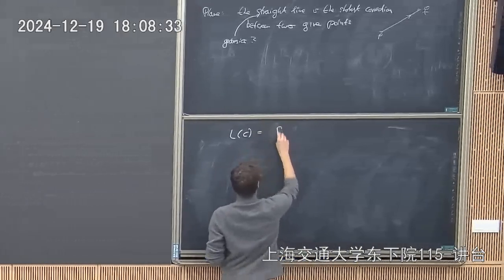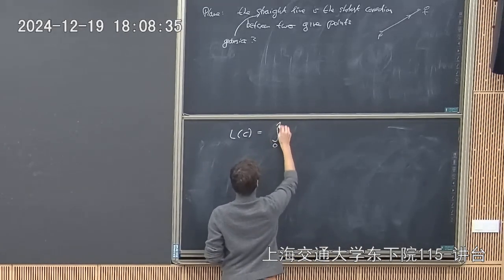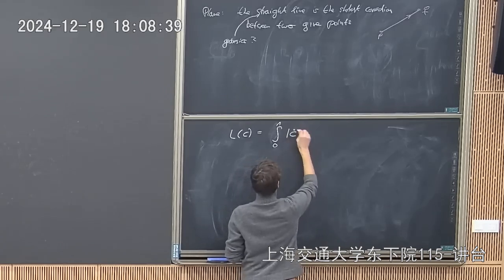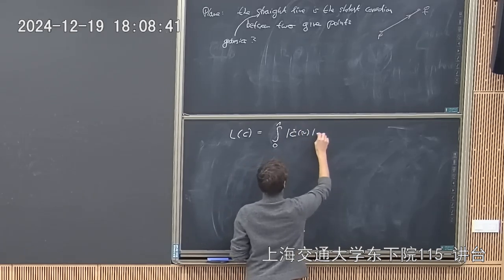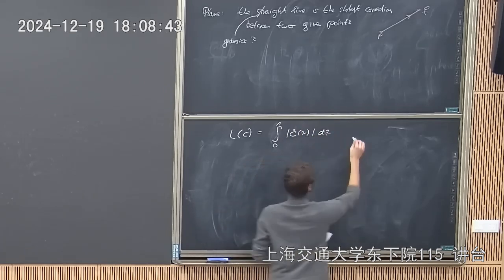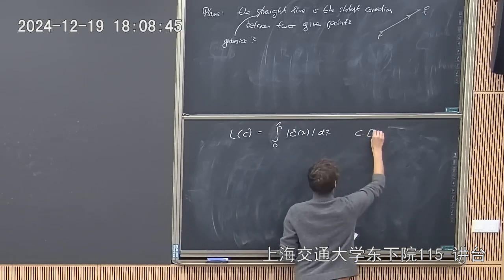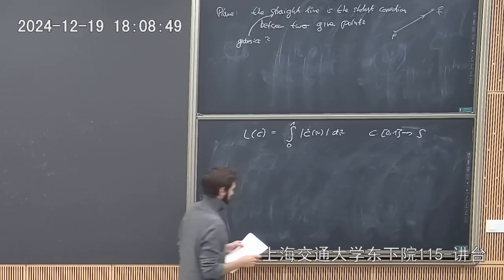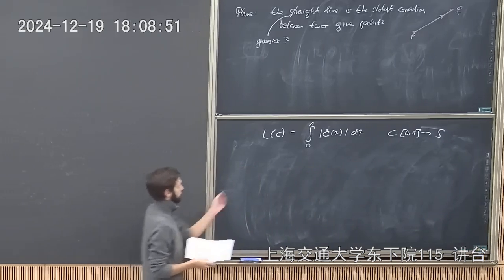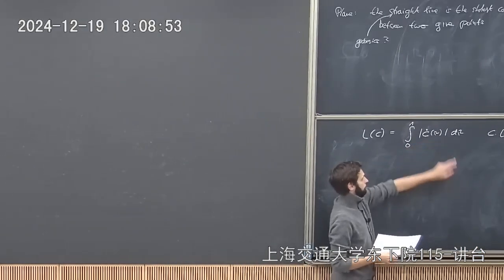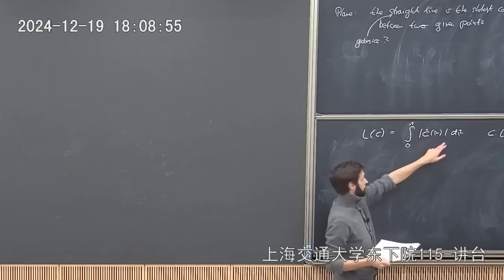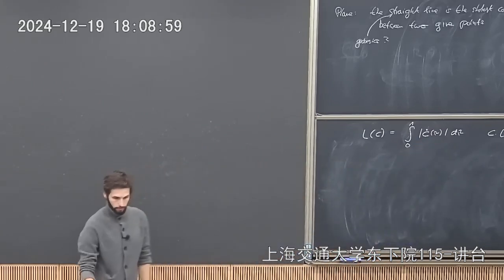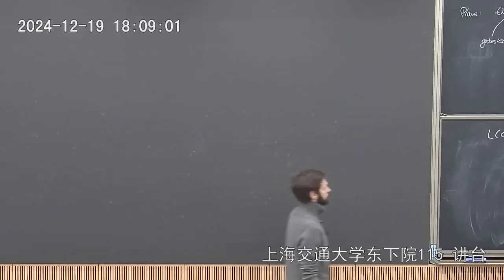So we look at the length of a curve, say defined on the interval, then this would be this integral of the curve. And here, of course, we use the first fundamental form of our surface to measure the length of the curve. So that's the function.